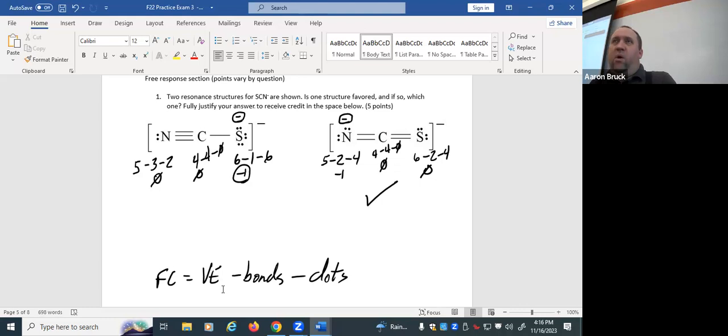Obviously, if you chose the right one, that's great. But the bulk of the points were on the argumentation. And if you make a solid argument for the left structure, I did not dock you that harshly, because, like I said, you could make a well-reasoned argument for why the left structure is favorable, but it is not the most favorable.